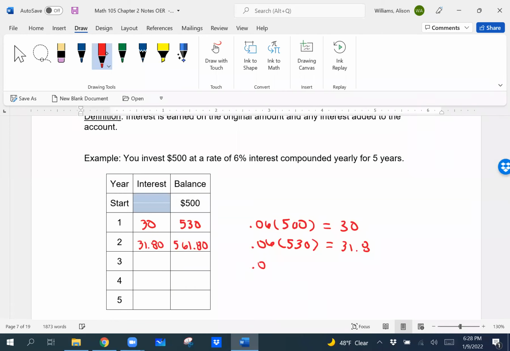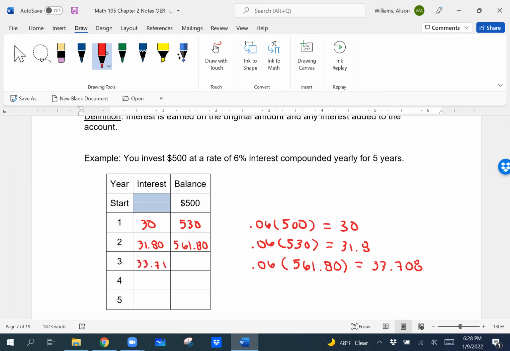So year 3, we're going to calculate the interest earned on 561.80. And that comes out to 33.708, which I'm not going to write because I want to do it in cents. So I'm going to round that to 33.71 because you'd round it up.